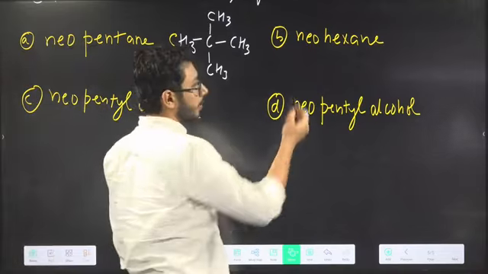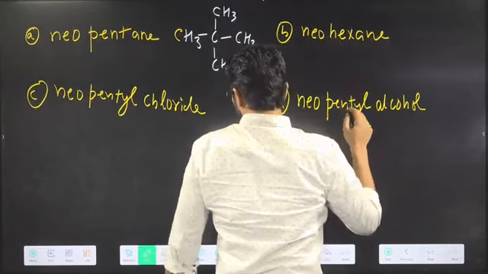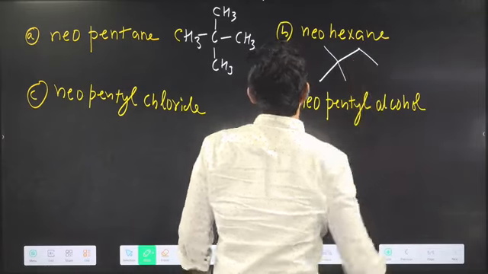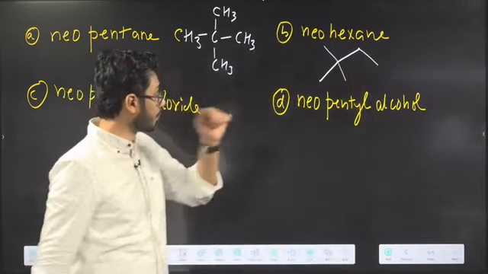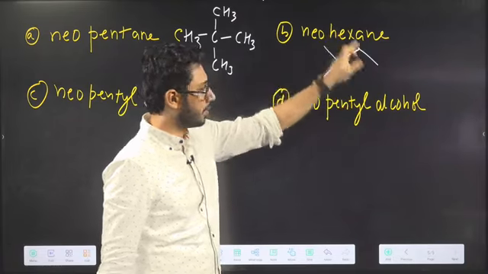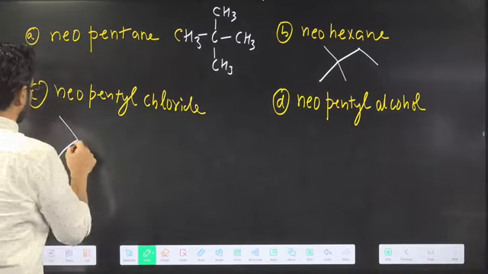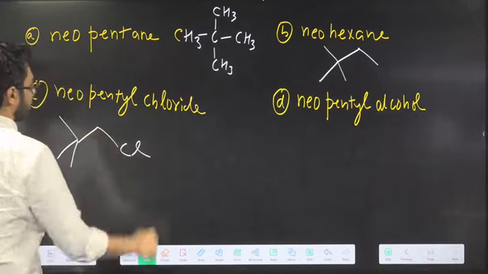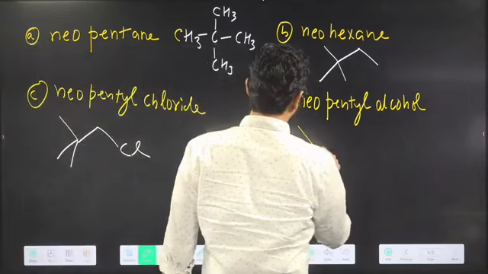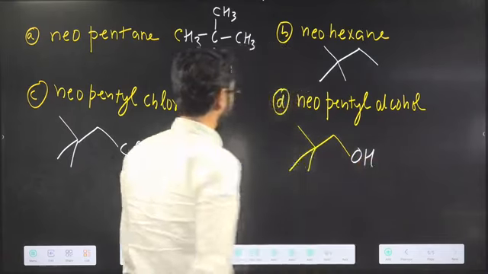Neohexane will be like this one. I'm writing bond line. This is neo: CH3, CH3, CH3, carbon, CH2, CH3. Neopentyl, bond line. Done. Next one, neopentyl alcohol, bond line. Here, alcohol OH.